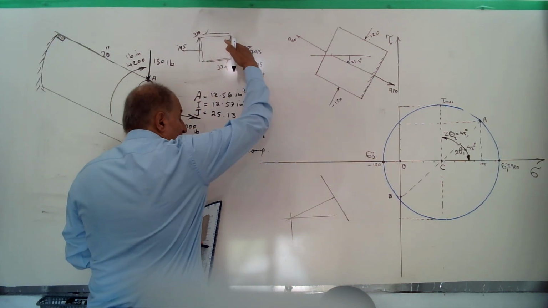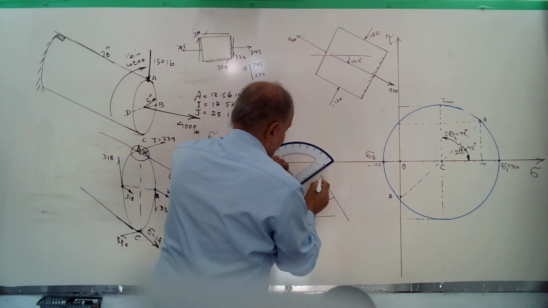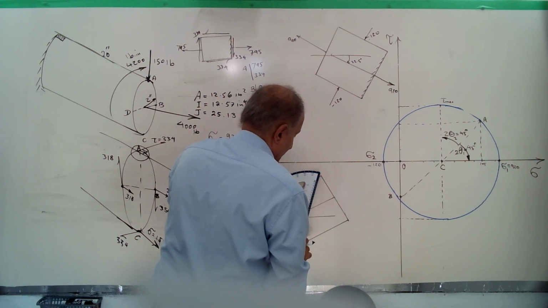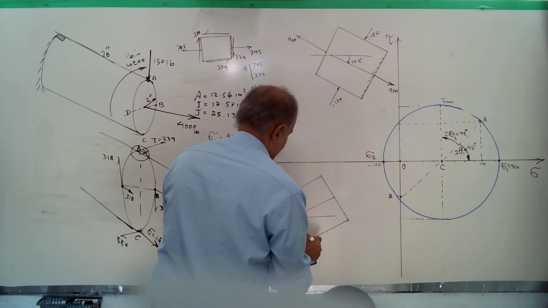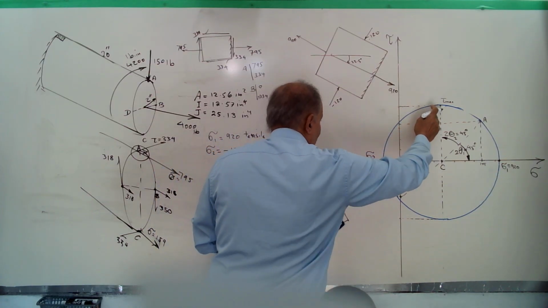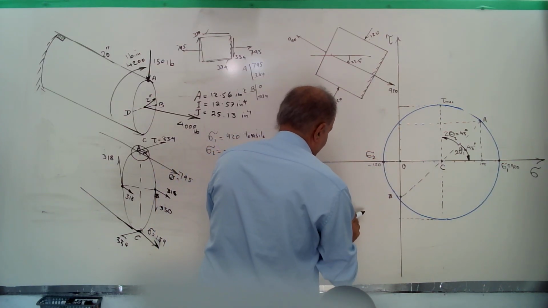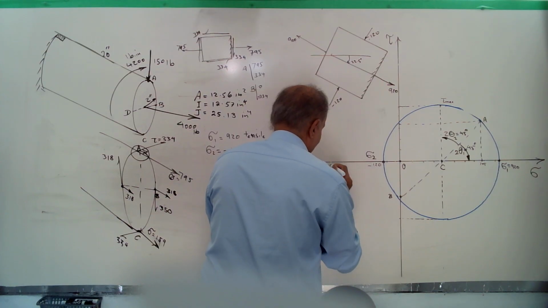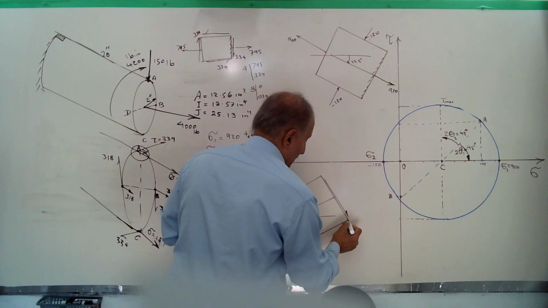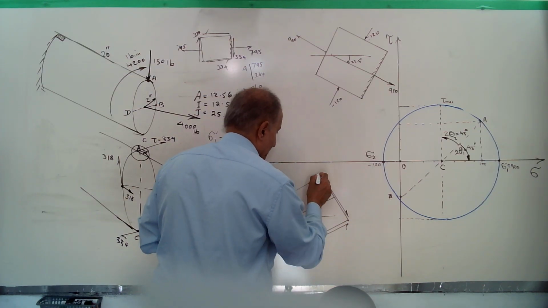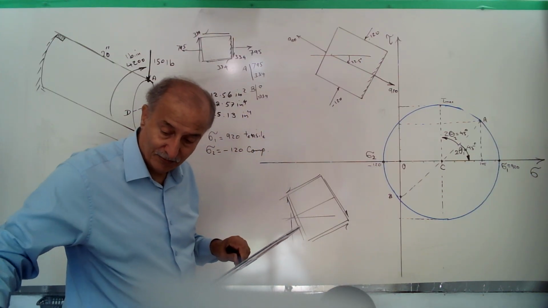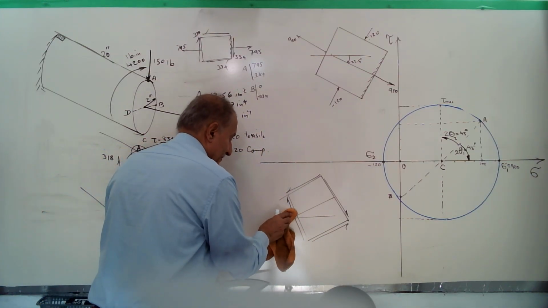I rotate it 22.5 degrees. Construct the element on that. Then at this one, we have tau max, which is positive, meaning counterclockwise. And the other one should be in this direction, on the other surfaces. It's like that, okay?